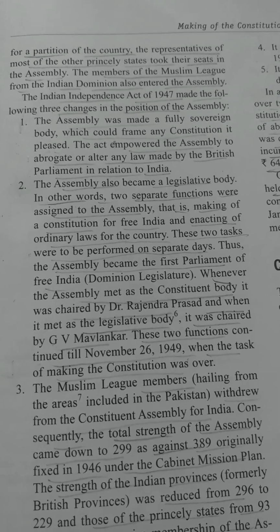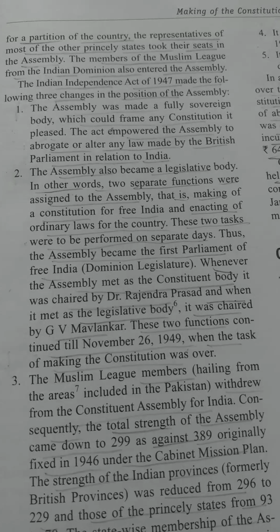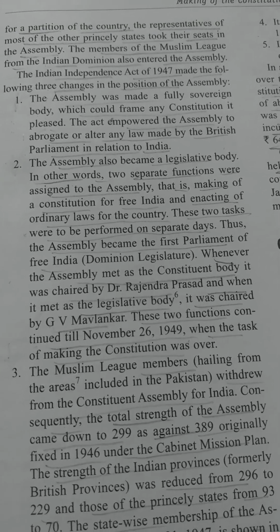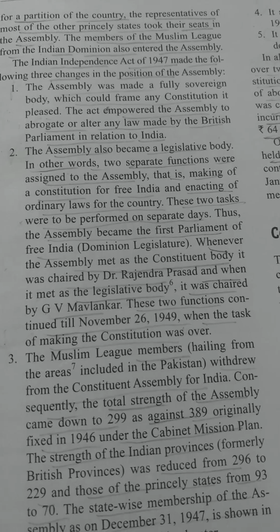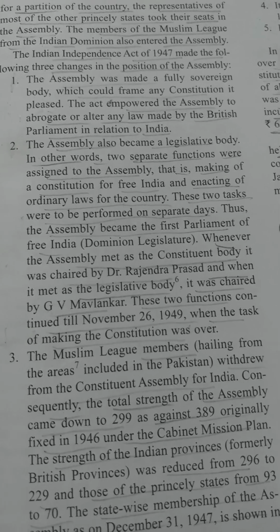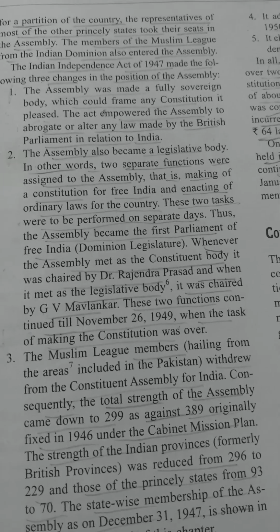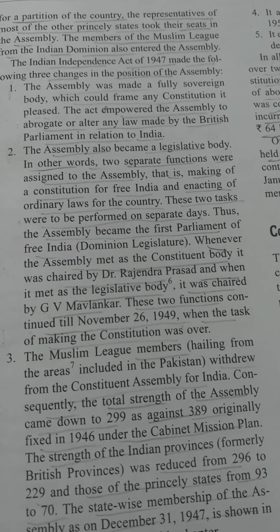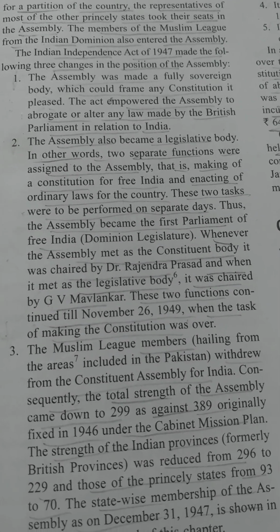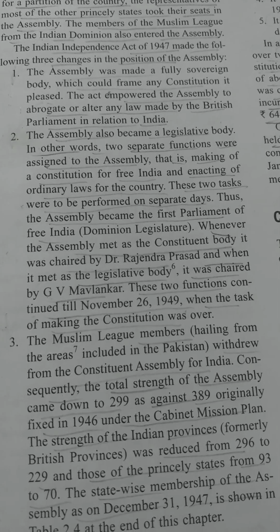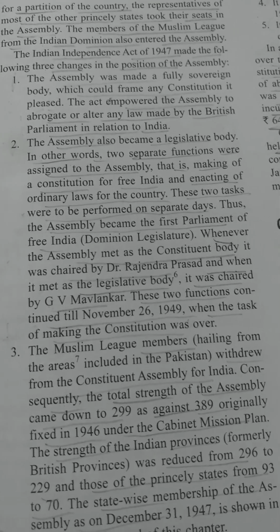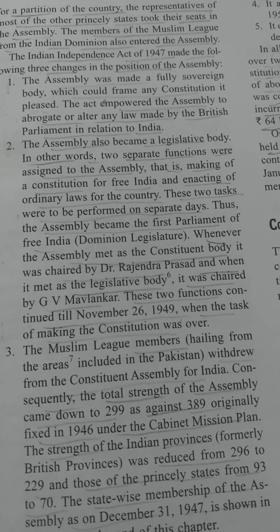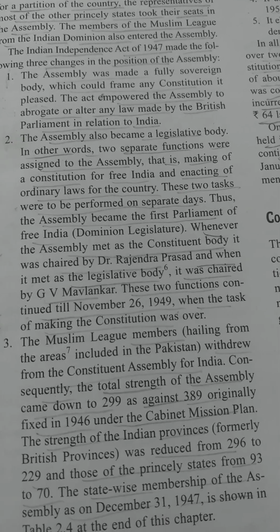The act empowered the assembly to abrogate or alter any law made by the British Parliament in relation to India. The assembly also became a legislative body. In other words, two separate functions were assigned to the assembly, that is, making of a constitution for free India and enacting ordinary laws of the country. These two tasks were to be performed separately.